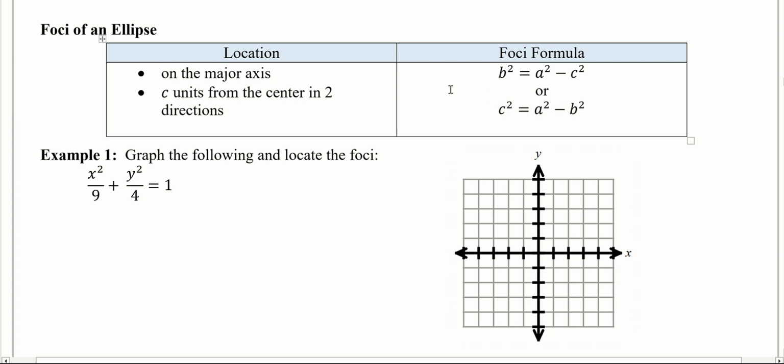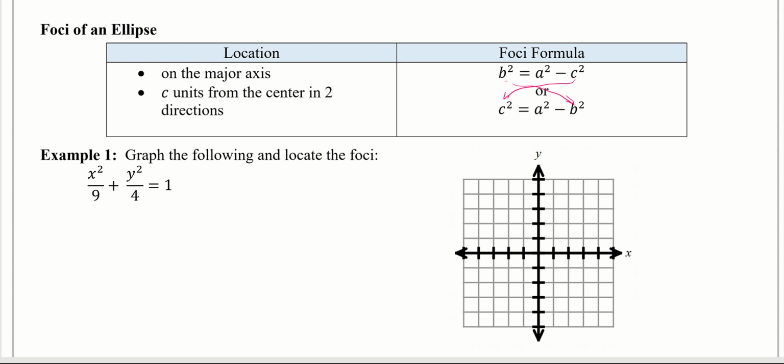Depending on which one's the major axis is how it's ordered here. With this one, all we did is solve for C, bring C over here and subtract B to the other side. So C squared is equal to A squared minus B squared.